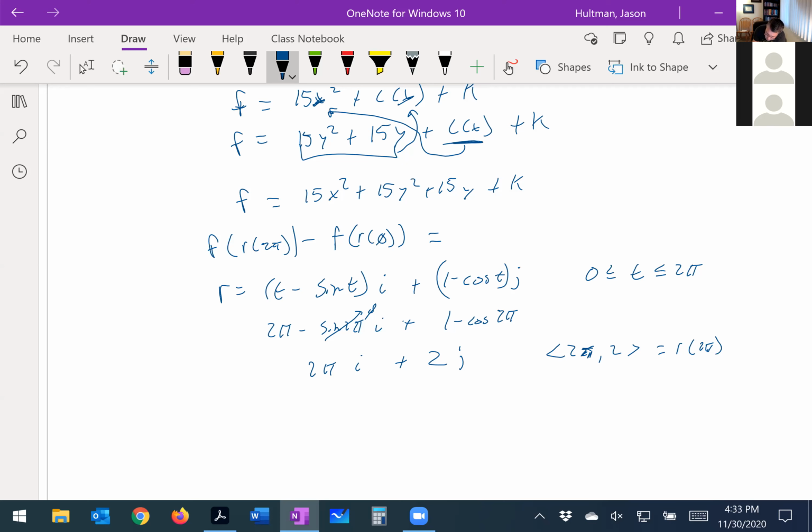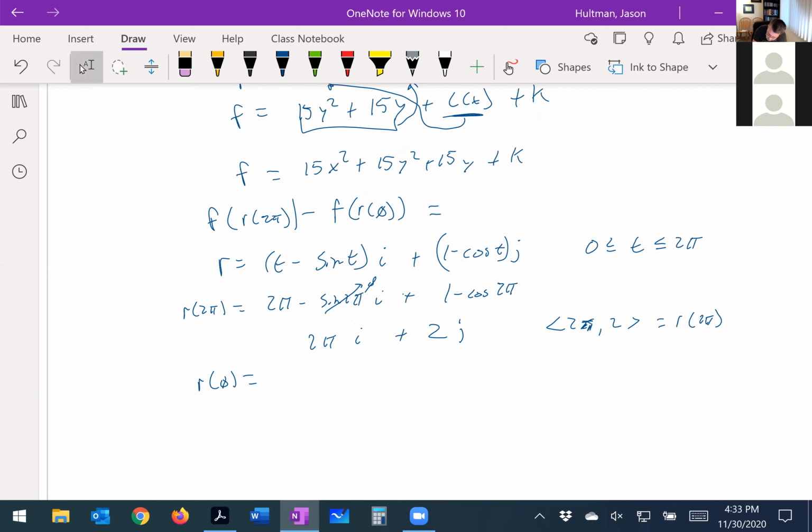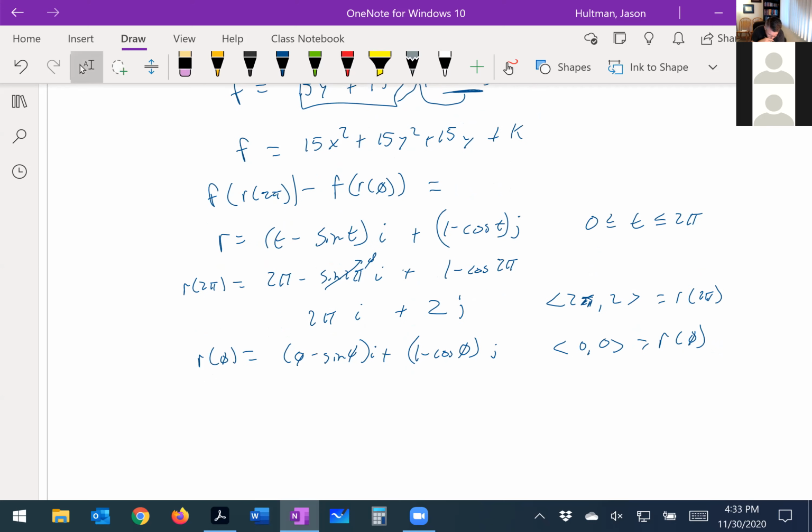So r of 2 pi is equal to this. r of 0 is equal to 0 minus the sine of 0 i, plus 1 minus the cosine of 0 j, so that's just 0, 0. Okay, so that's 0, 0 for r of 0.